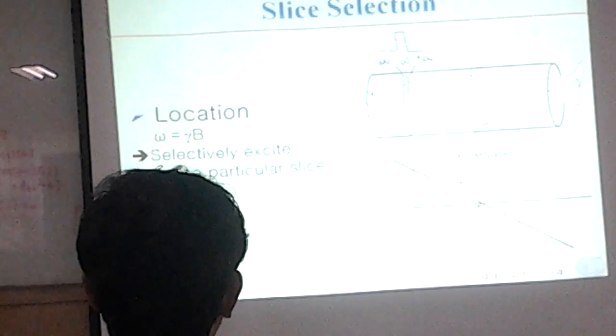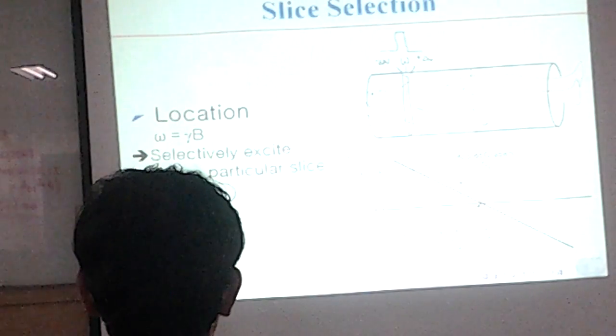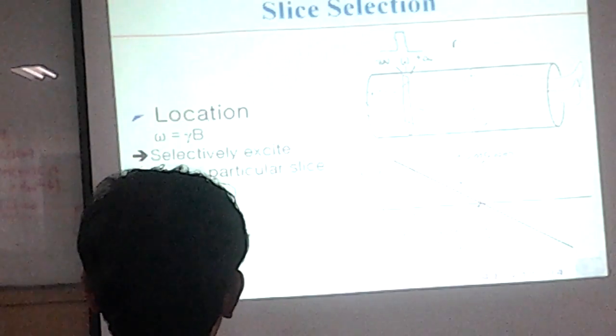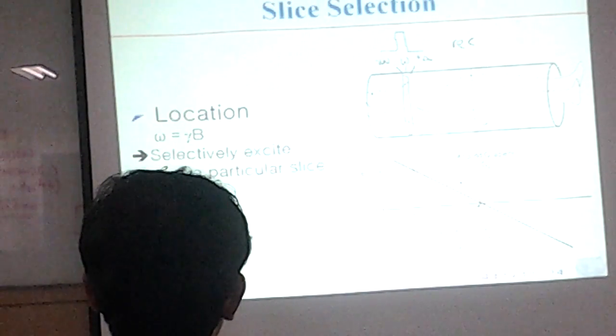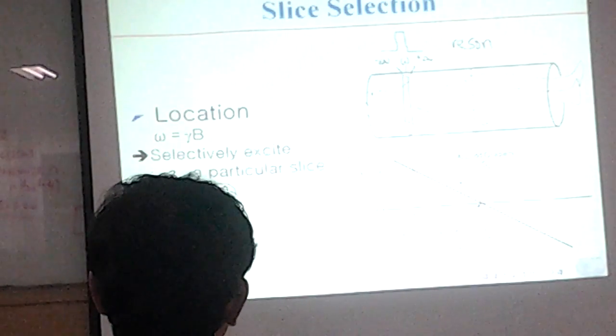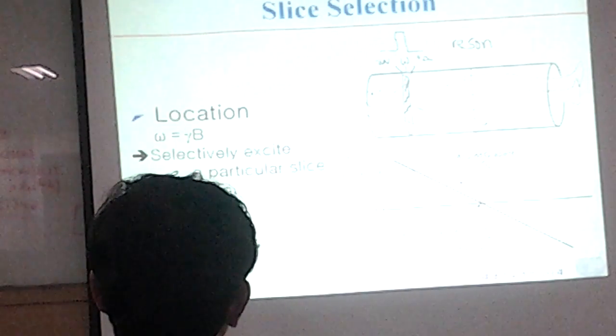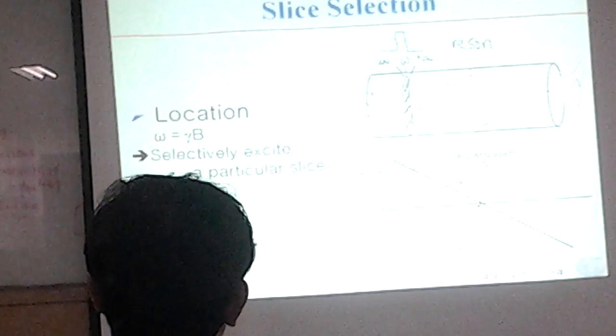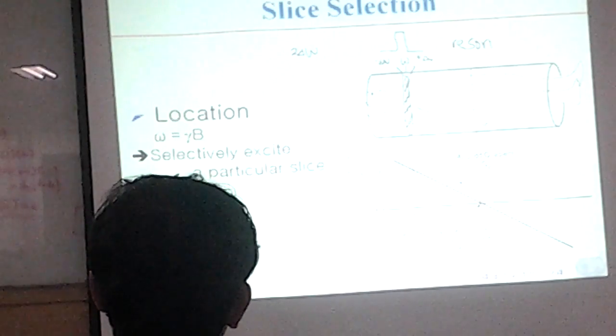Then only the spins in this area are excited according to the resonance phenomenon, because the characteristic frequencies of spins in this range have a bandwidth of 2 delta omega with the center frequency of omega.